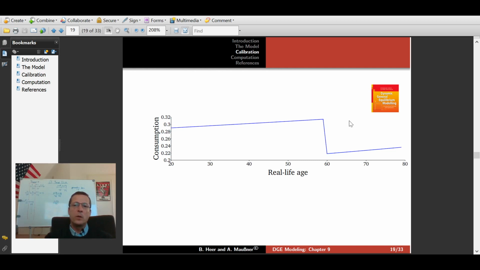We also may get a more realistic description of the consumption age profile if we introduce endogenous retirement. So some people retire at age 57, others at 65, so that the decline is a little bit more distributed over the different age groups.